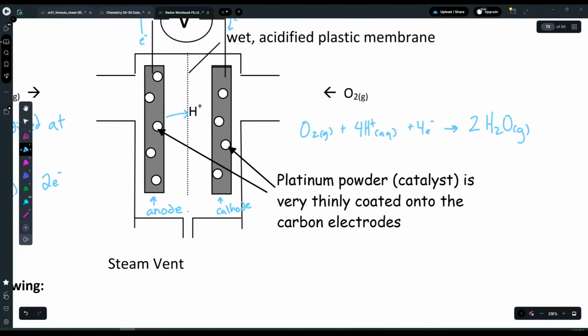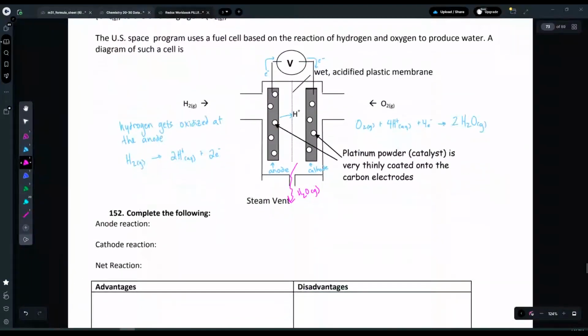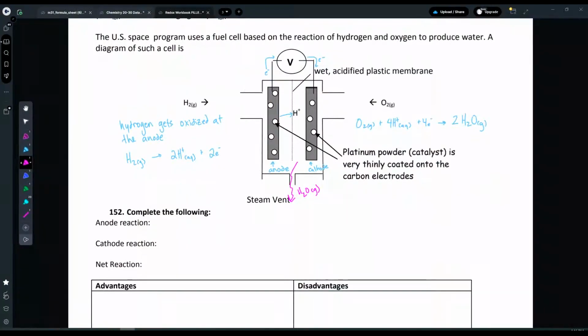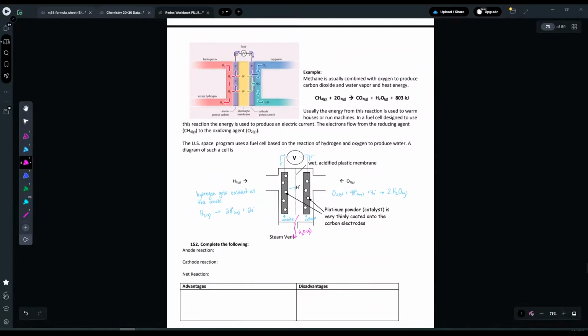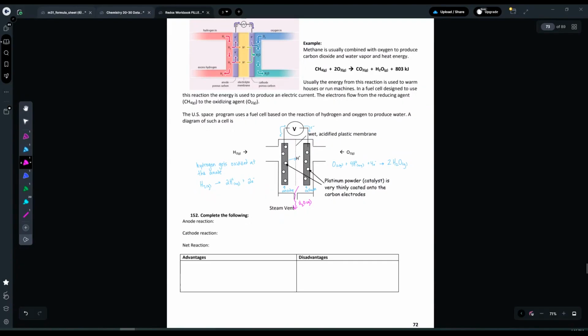Okay, and then that water vapor is going to escape out of the steam vent there. Okay, so those are some applications of fuel cells for you.